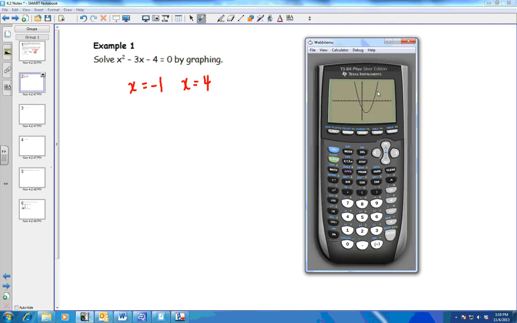Sometimes it doesn't cross at nice, neat points like that, and I'm going to show you the calculator steps in just a minute for when it doesn't cross at nice, neat whole numbers. But this one is easy. It crosses at negative 1 and 4, so that's my answer. Now, what does that mean? I could plug each one of these in, and when I simplify it, I get 0.